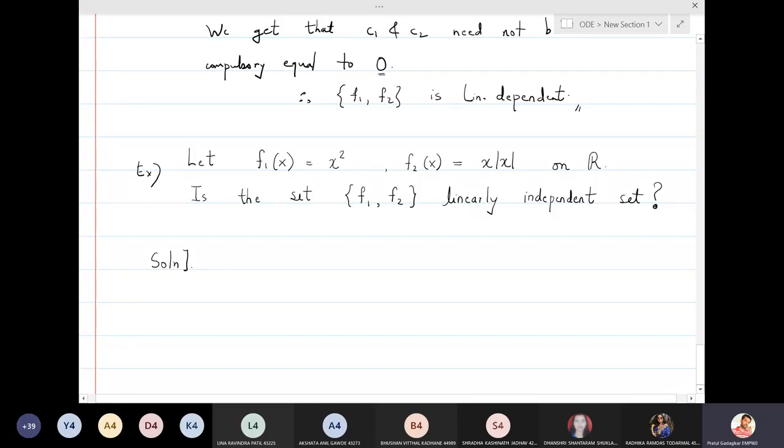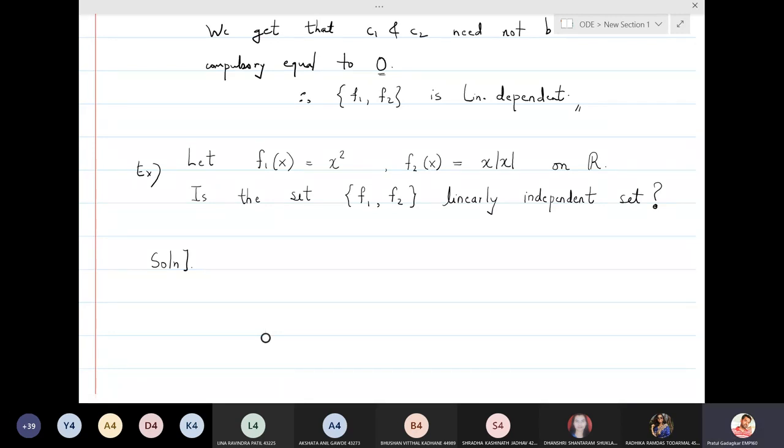Now I'm not telling you whether this set is a linearly dependent set or an independent set. So how will I do this?